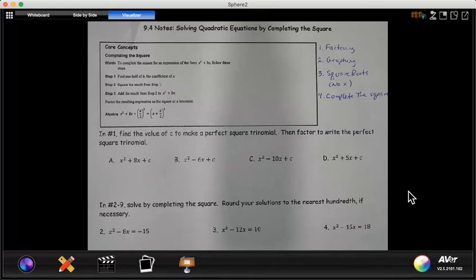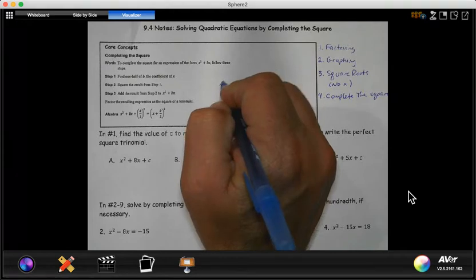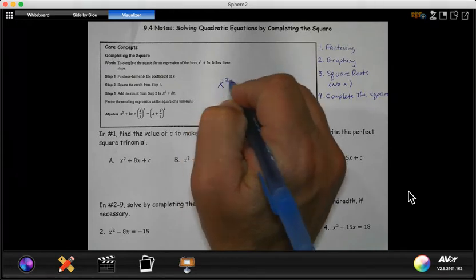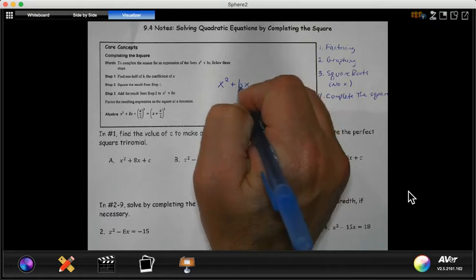So how does complete the square work? Well, when we do factoring, we have this thing called a perfect square trinomial. So we have an x squared, and then we have a number in front of x.